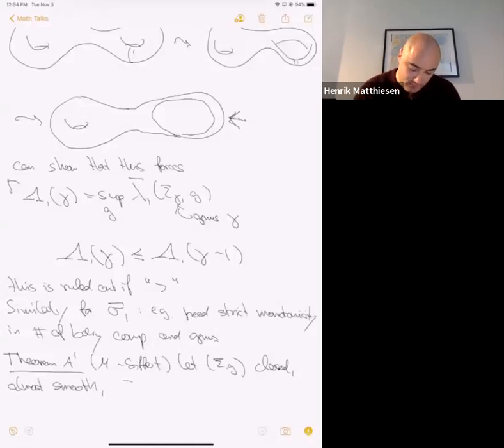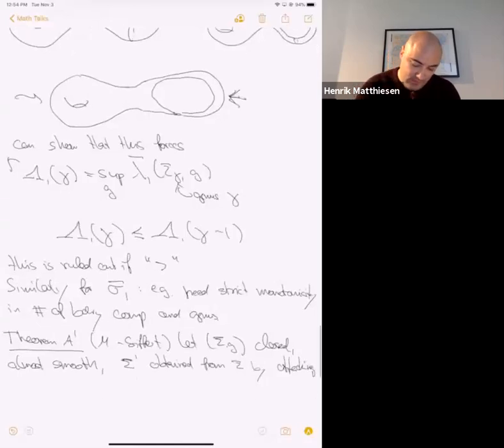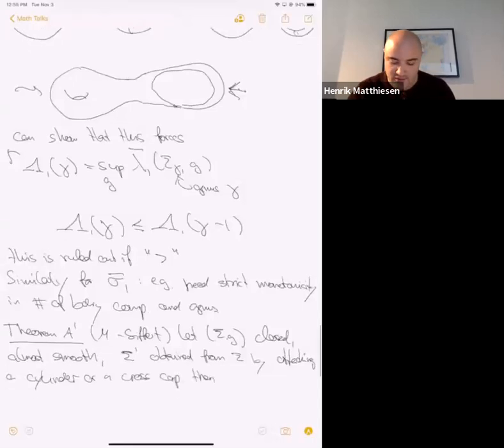And then let's say you have another surface, which is obtained from sigma by attaching a cylinder, or for the non-orientable case, you also have to take care of a cross cap. Then you can find a metric that does the job.